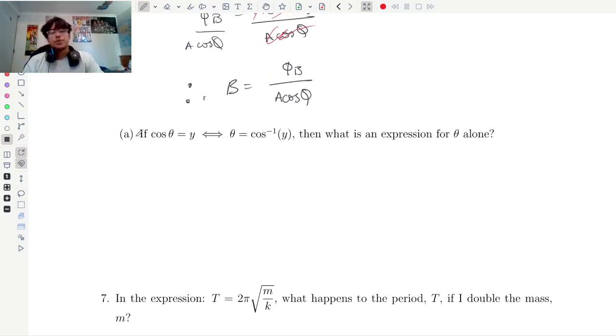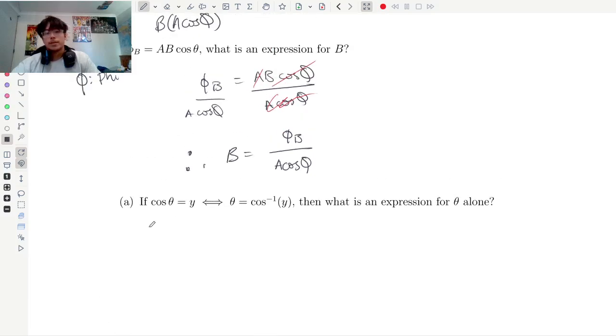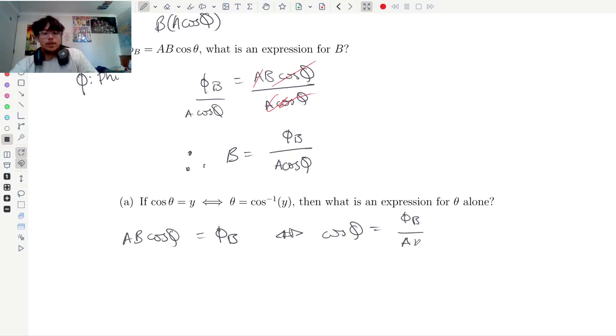Now, if cos of theta equals y is equivalent to theta equals the inverse cosine of y, what is an expression for theta alone? So I want something like theta equals dot dot dot. What I would need to do is first get rid of this AB here. So I have AB cos of theta is equal to phi of b. This is the same as cos of theta equals phi of b over AB.